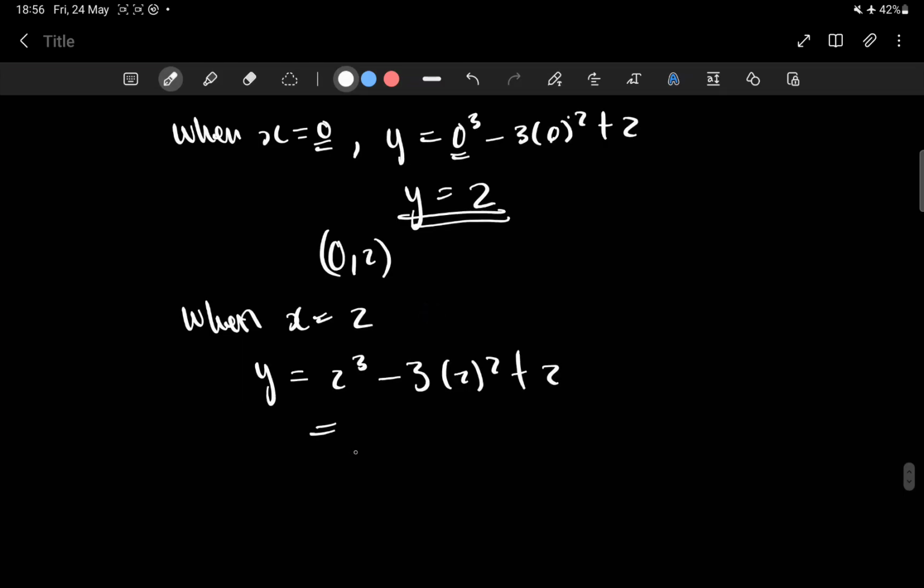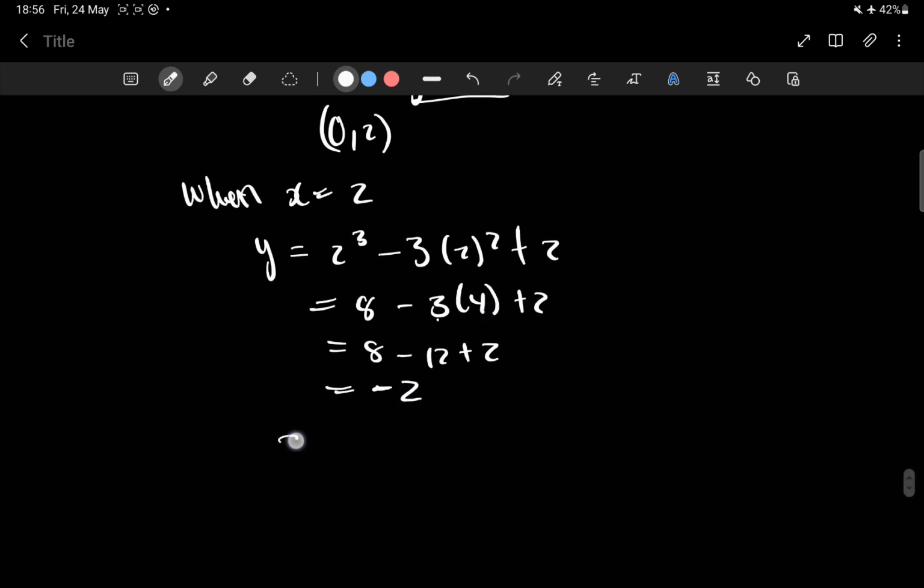I'm putting 2 for x here. 2 cubed is 8, minus 3 by 2 squared, which is 4, then plus 2. It will be 8 minus 3 by 4, which is 12, then plus 2. 8 minus 12 is negative 4. You can do the math. Plus 2, you get minus 2. So y will be minus 2. So my other point is 2, negative 2. X is 2, y is negative 2.